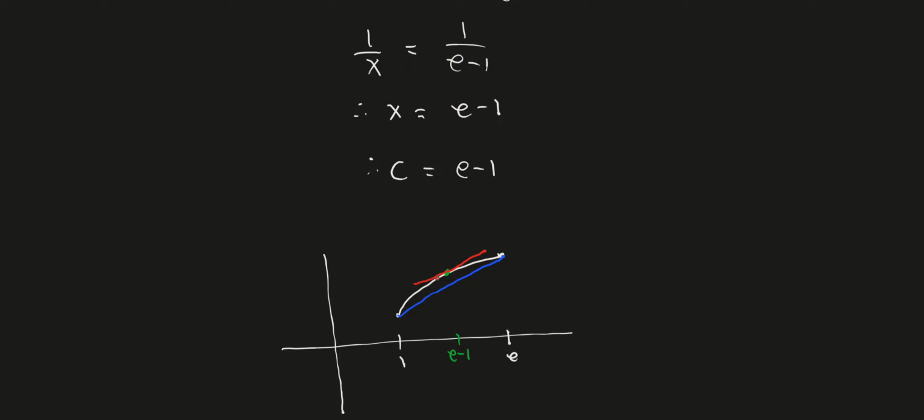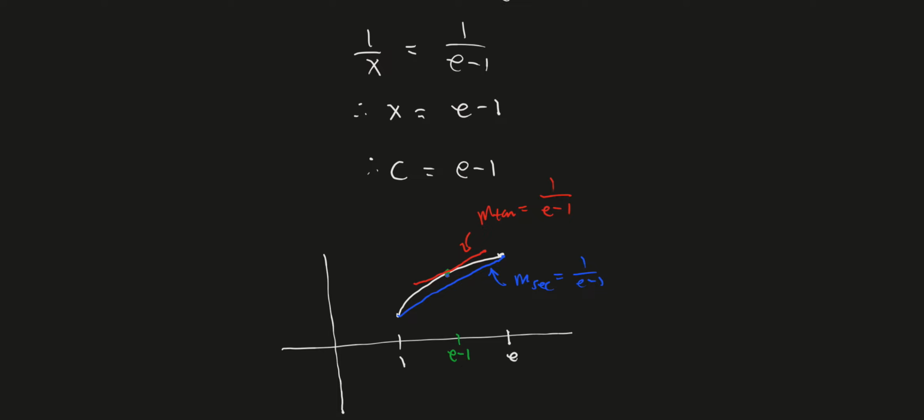So the slope of the tangent is 1 over e minus 1, and the slope of the secant is also, like what we found earlier, 1 over e minus 1.